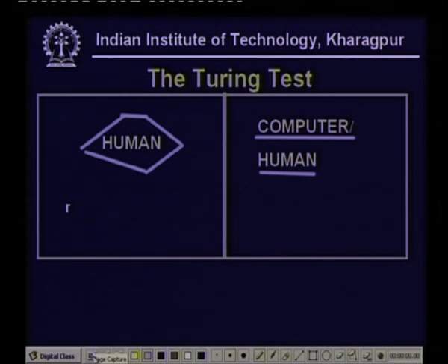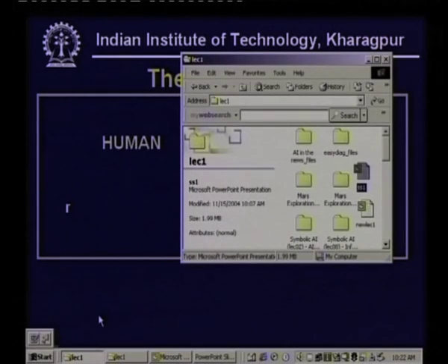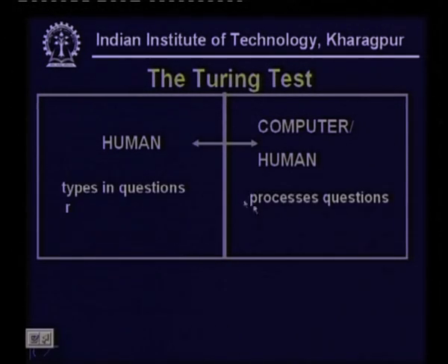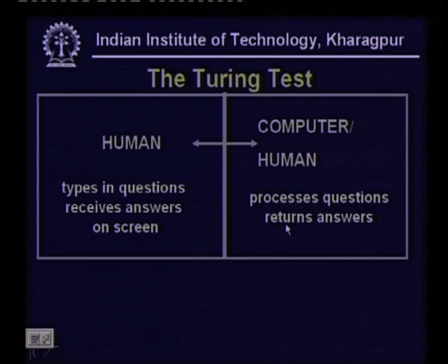So the interrogator asks questions, and the being inside the room processes these questions and returns some answer. The interrogator receives the answers on the screen.